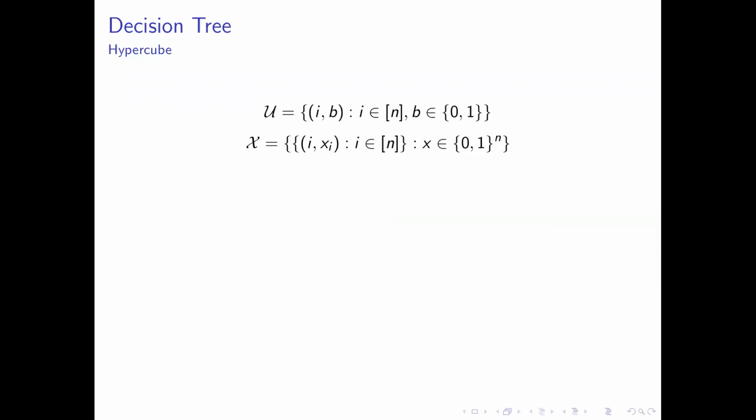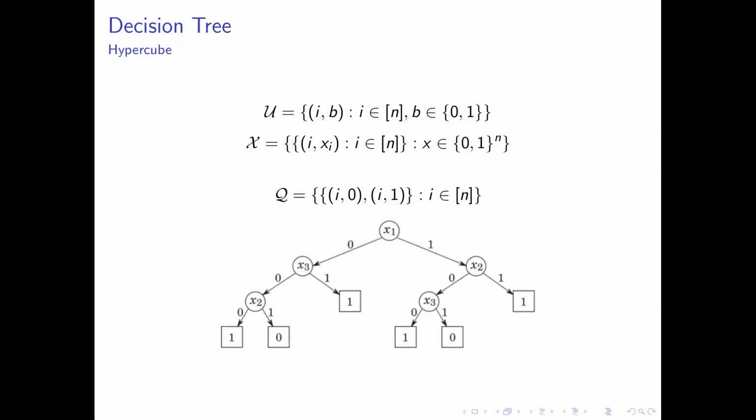Okay. So we should define what a decision tree is. Recall in our setup for hypercubes, our universe has the index followed by the value of the bit, and our domain is, for each bit string, encoded as such. Our queries were of the form, remember that each query has to intersect each element of our domain in exactly one spot.